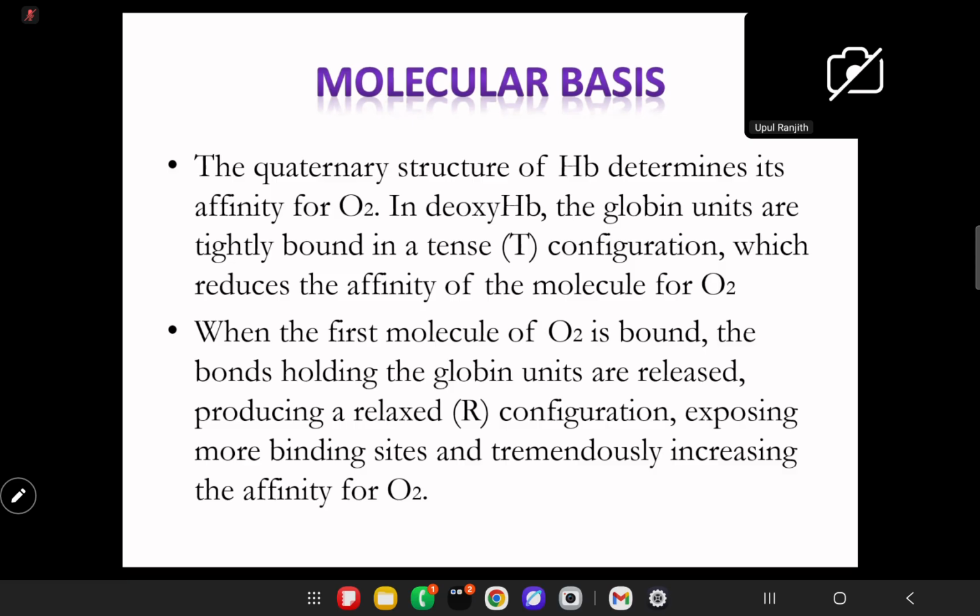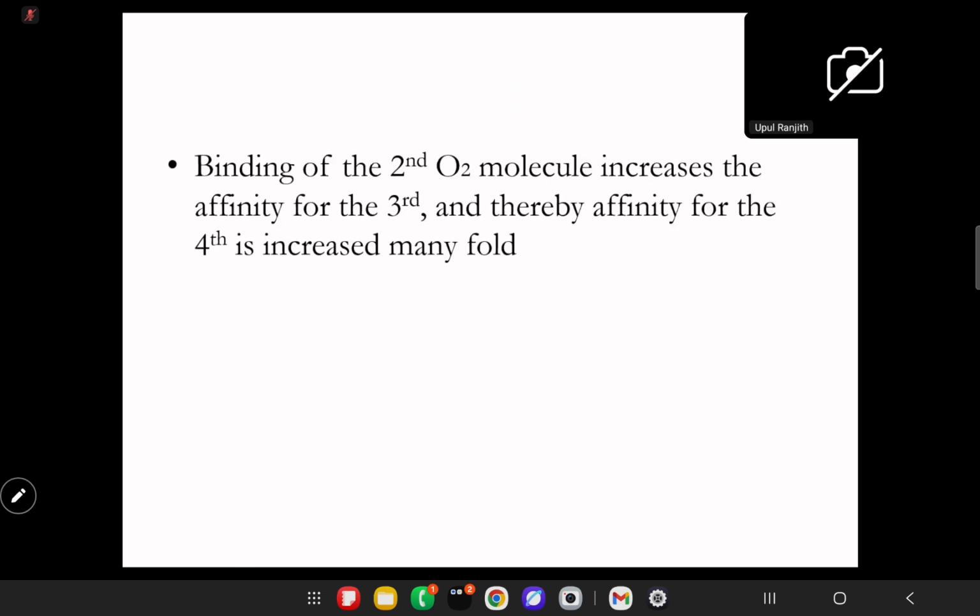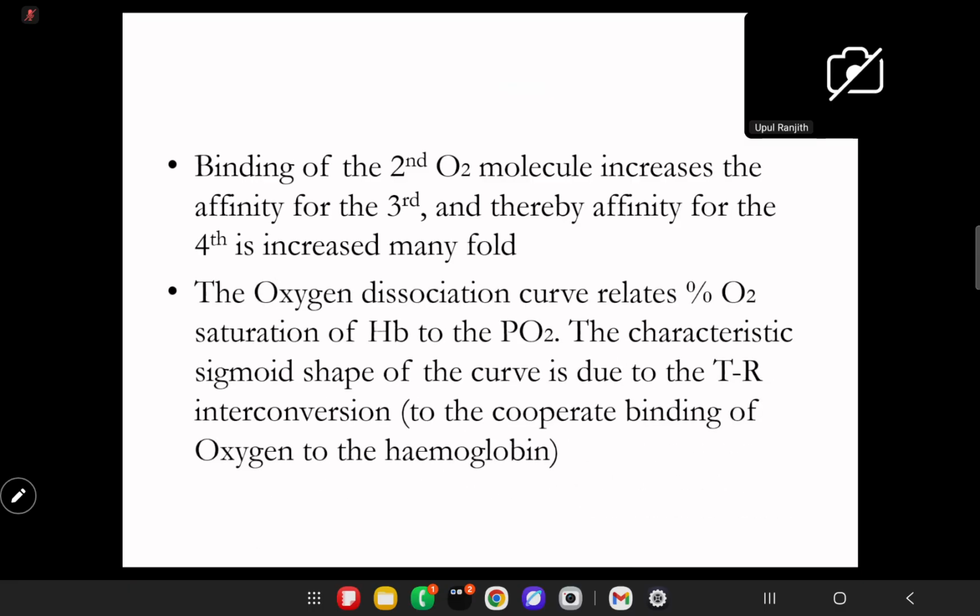With that, the affinity for the second, third, and fourth will be increased. Binding of the second oxygen molecule increases the affinity for the third, and therefore the affinity for the fourth is increased manifold. That is what happens in the hemoglobin molecule.